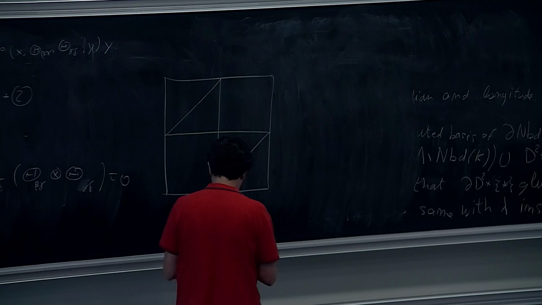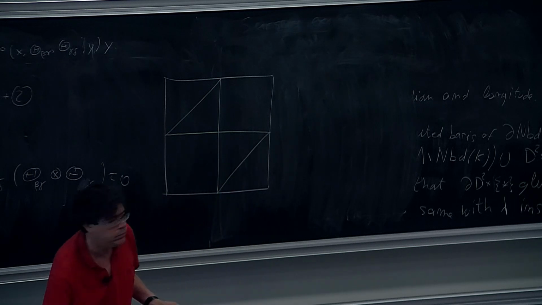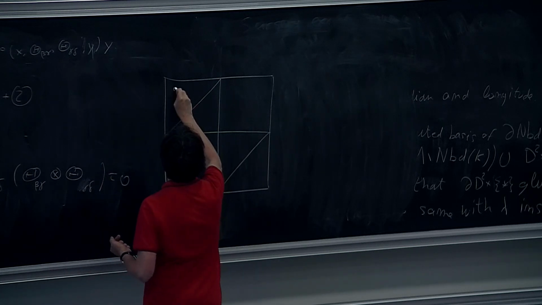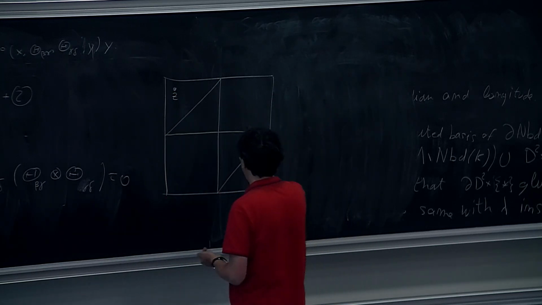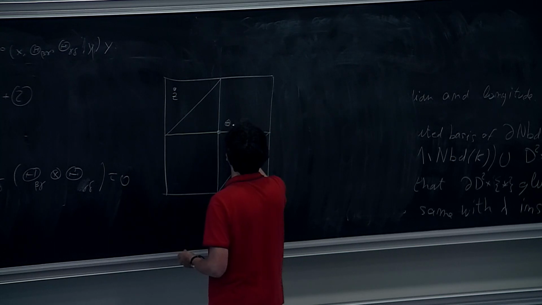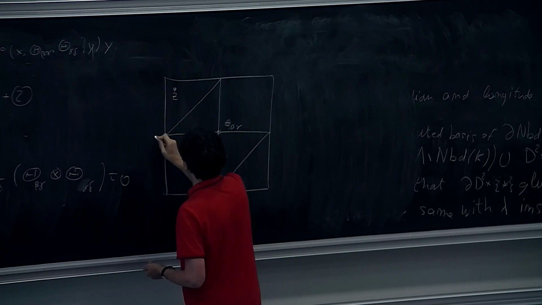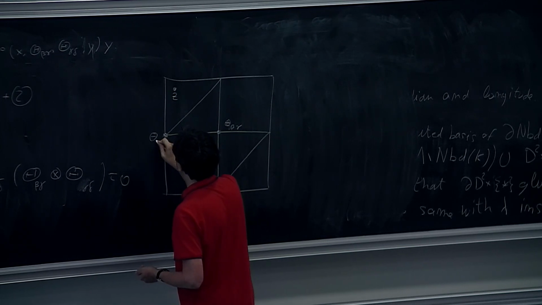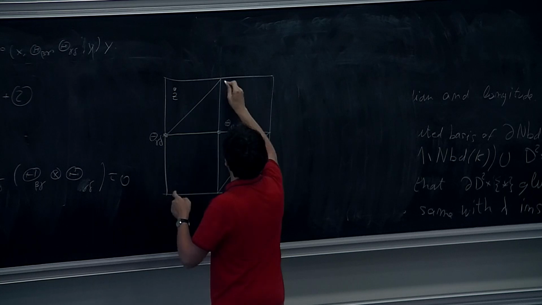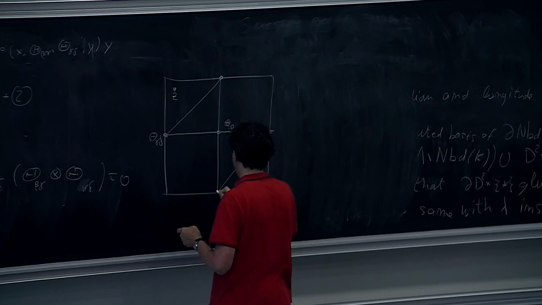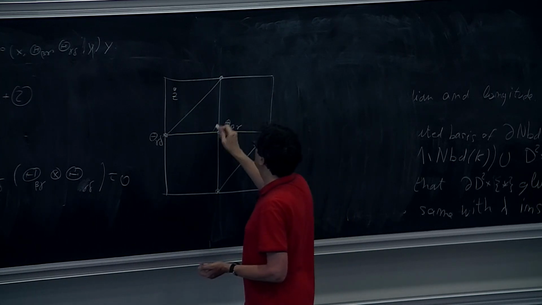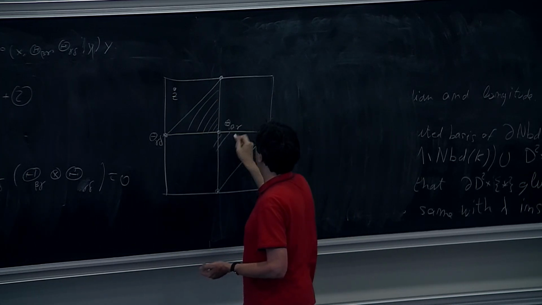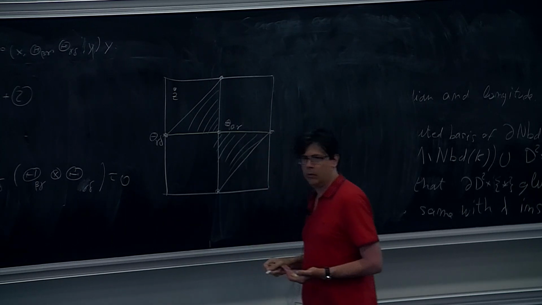So now, okay, we put the base point here. And now, you know, this is theta beta gamma. This is theta gamma delta, but all these points are identified, so this is also. And now you can see easily two triangles.